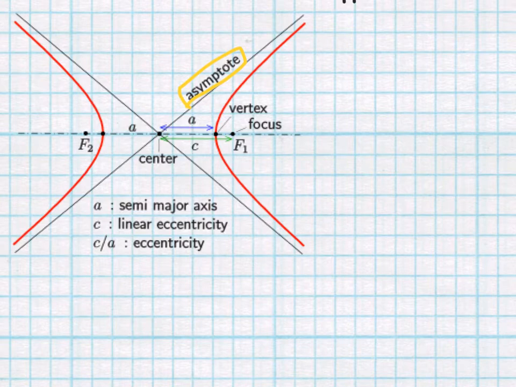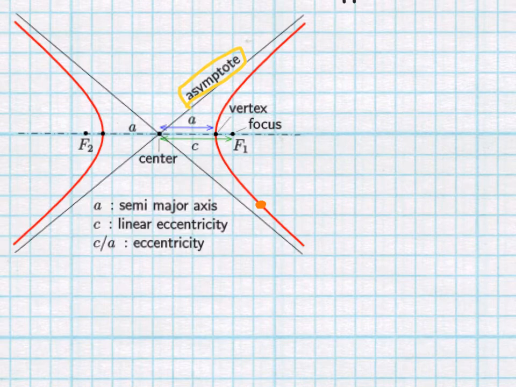So we said in our definition that the difference of the distances from the foci to each point in the hyperbola is constant. So what would that look like? If I have a point on the hyperbola, let's take a random point right here.